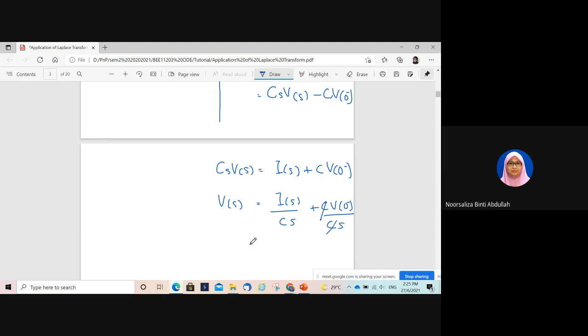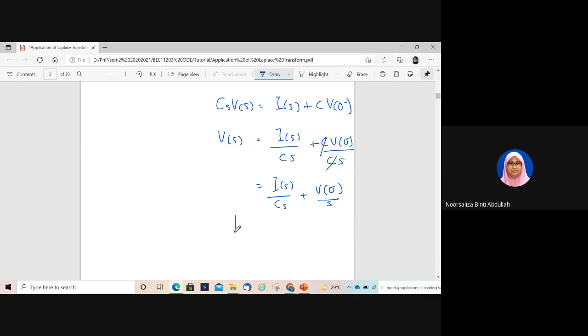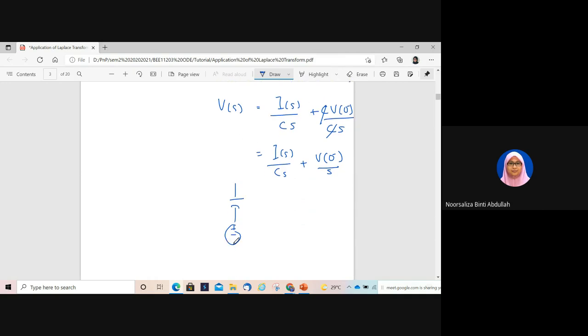This C and C cancel, so V(s) equals I(s) over Cs plus V(0) over s. And the equivalent circuit will be: this is your I(s) over Cs, and this one is V(0) over s.